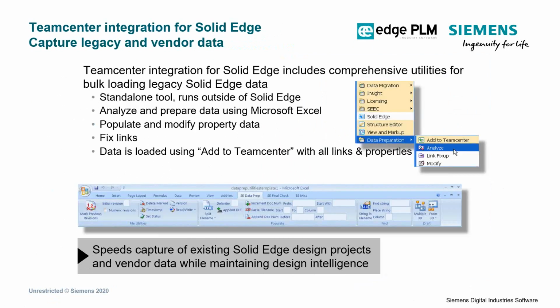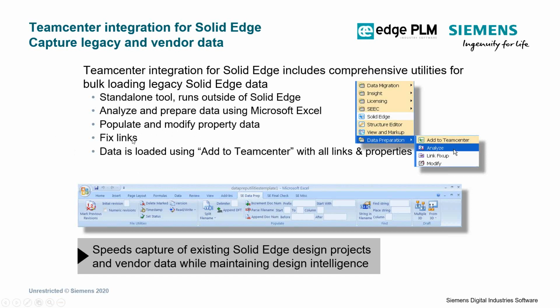We spoke about bringing legacy or additional information in and out. With the Solid Edge tools, we have an ability to run these standalone tools outside Solid Edge, analyze data using Excel, populate and modify property data to make sure that things like naming conventions, revisions, where it's going, part numbering, and everything else is correct.